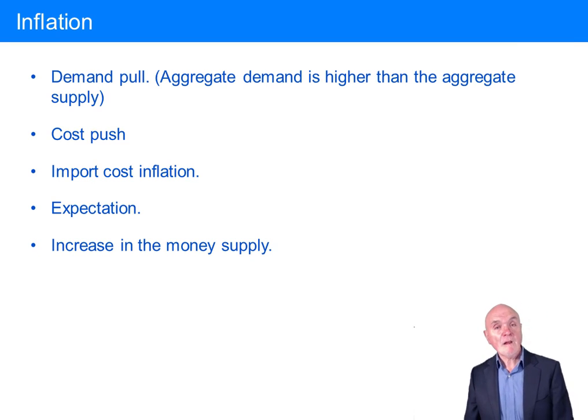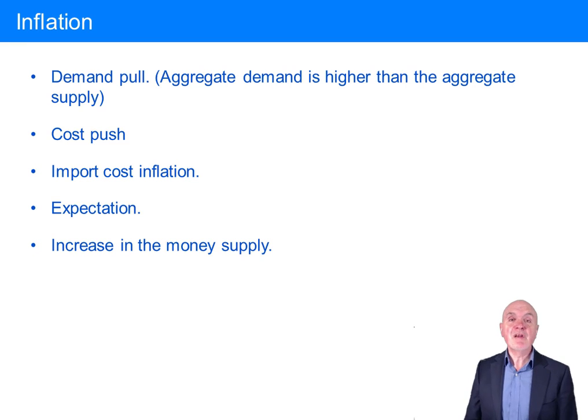Expectation. Expectation is where you expect next year's inflation to be 10%. So what you do now is you say, well, next year's inflation is going to be 10%, I want my wages to increase by at least 10%. So you kind of preempt the inflation. And finally, an increase in the money supply.